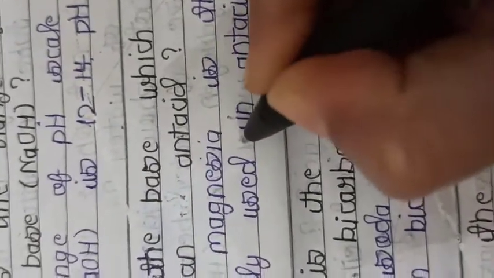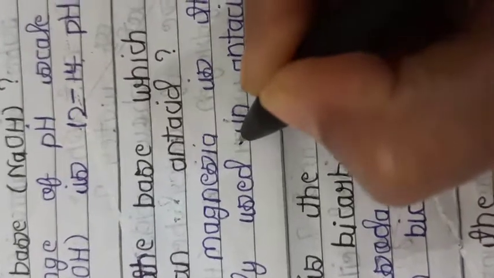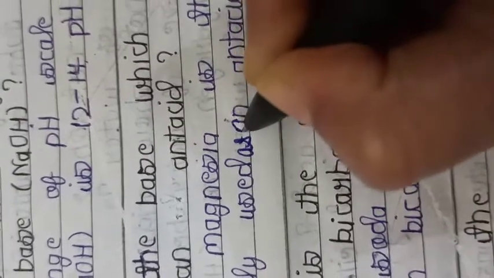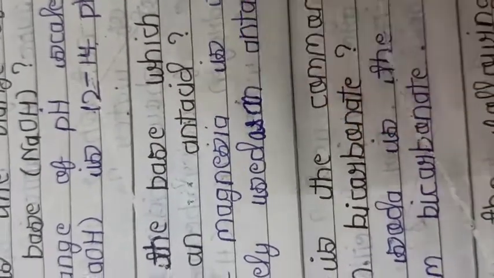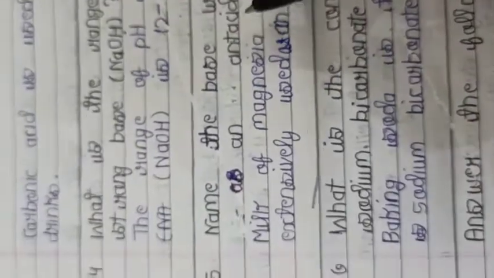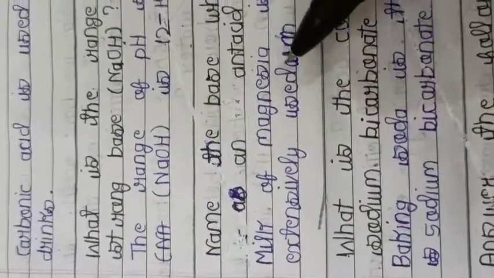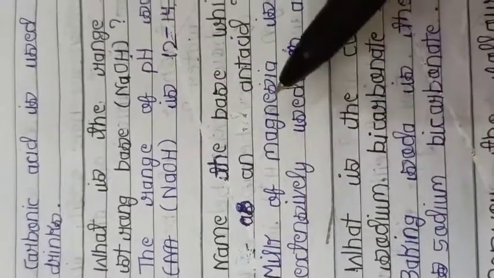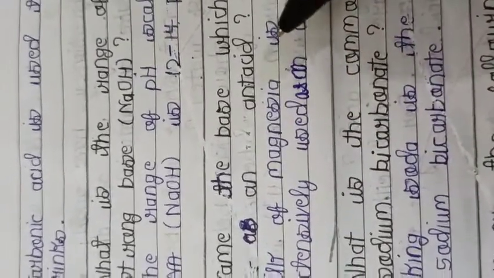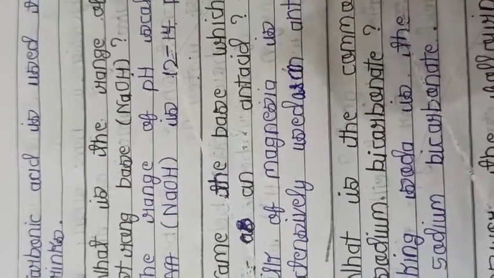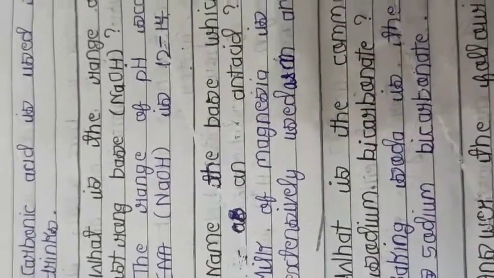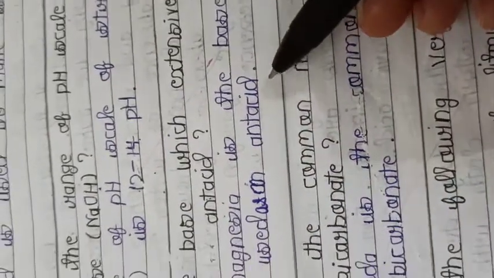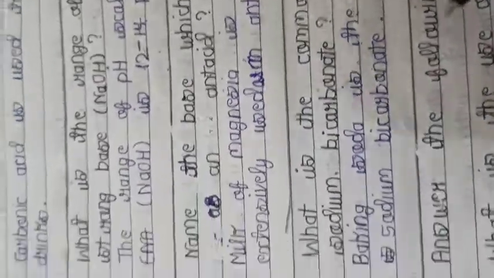Here you write as an antacid. I have explained to you when we were reading the chapter, that time also we have seen that milk of magnesia is a base, and most of the people use this milk of magnesia as an antacid during the acidity problem.